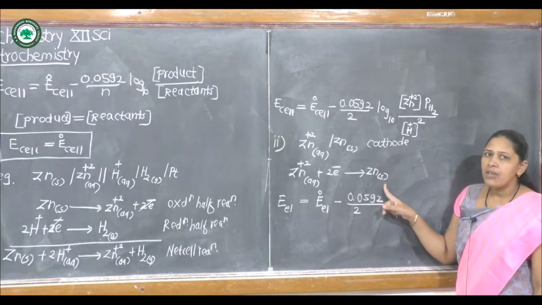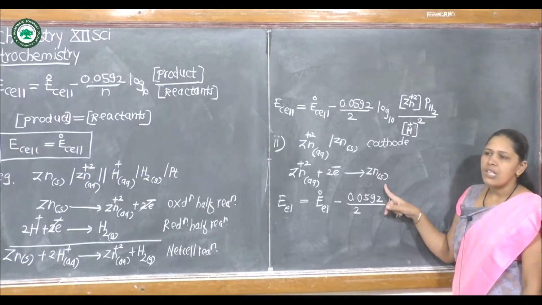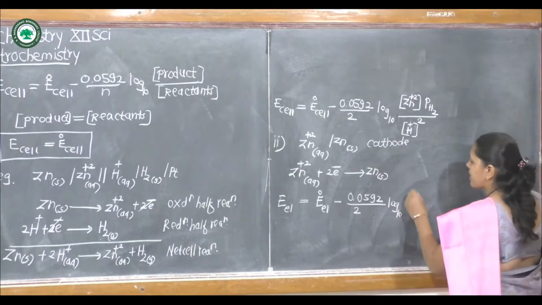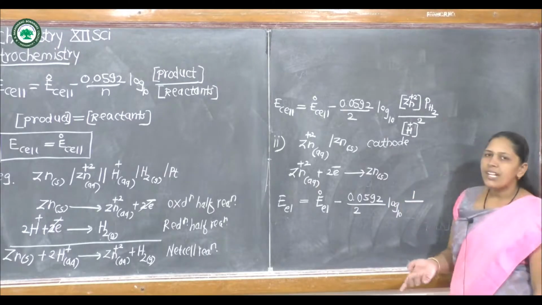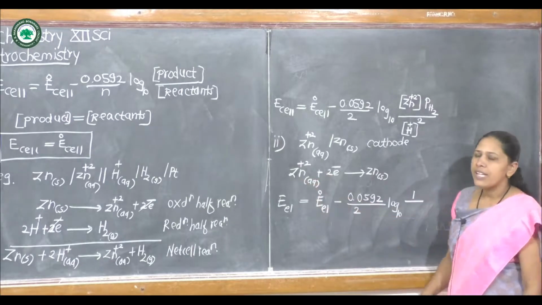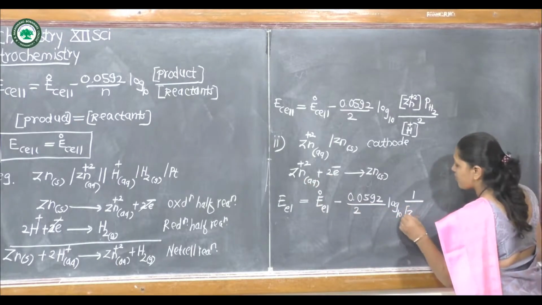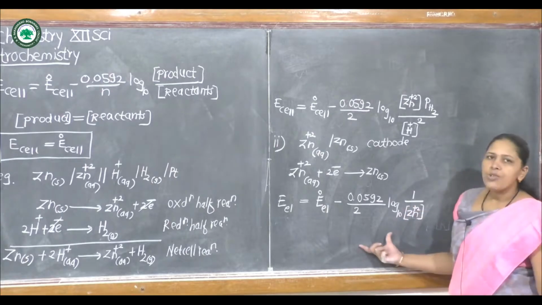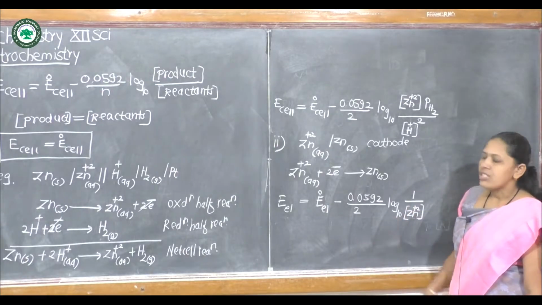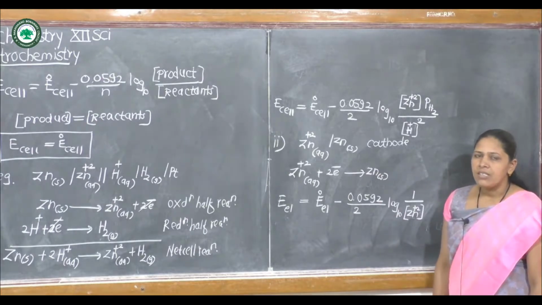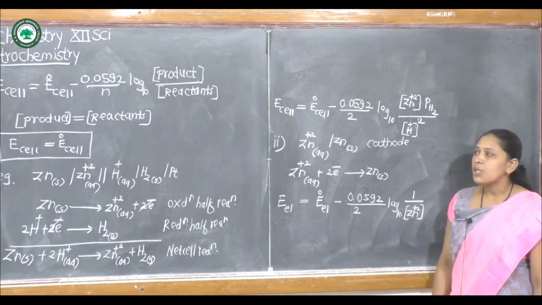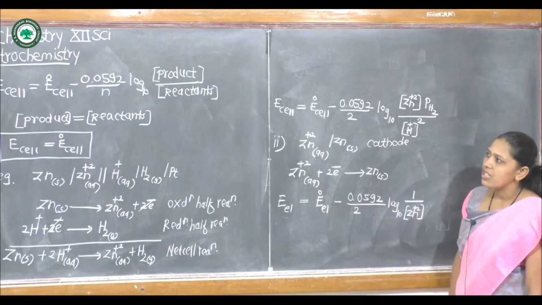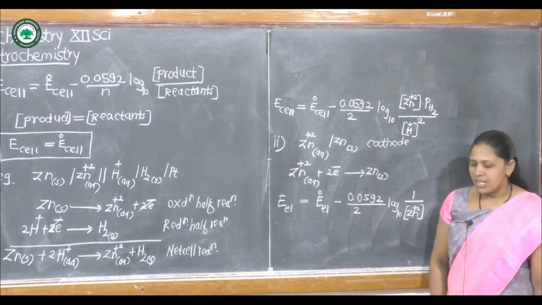It is in pure solid state, therefore its concentration is taken as unity, divided by concentration of reactant, that means concentration of zinc plus 2 ion. By using this equation we can calculate any single electrode potential or cell potential by using the Nernst equation.